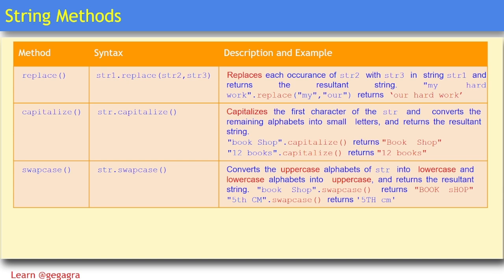Swap case will turn book into capital, and in the second word the first letter will turn to small and the rest of the letters turn to capital. If I say fifth cm, the th are in small so they will turn to capital, and cm, which is capital, will turn into lower.